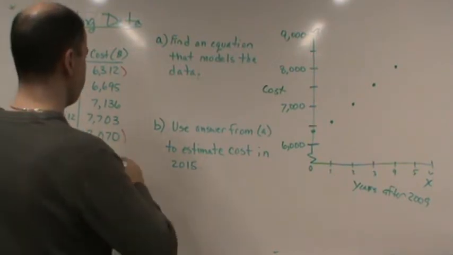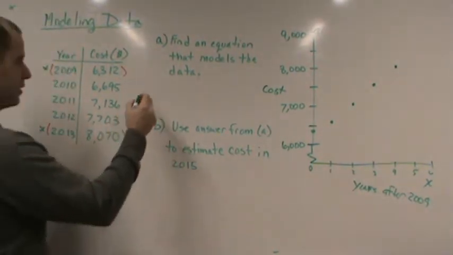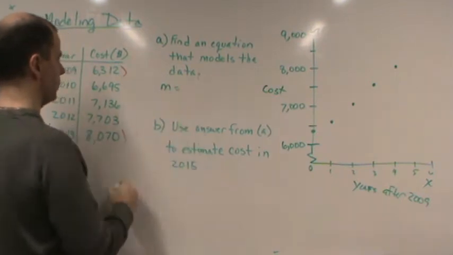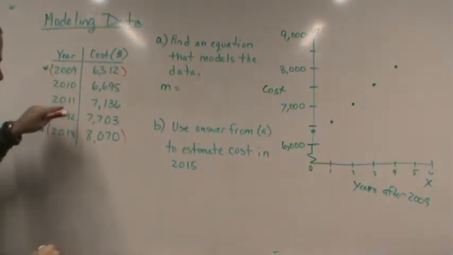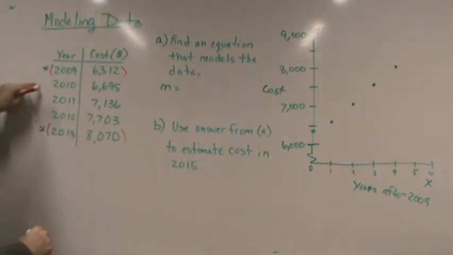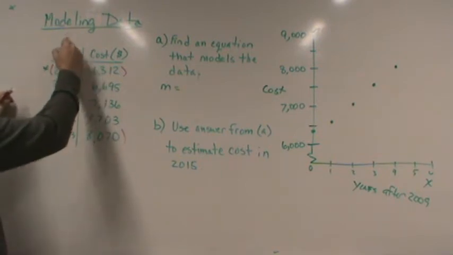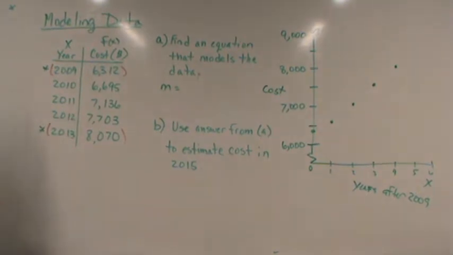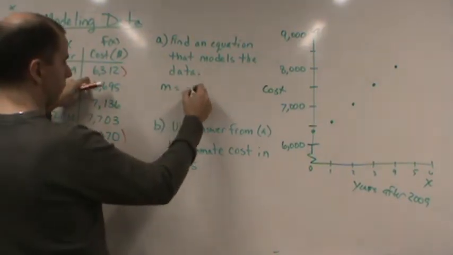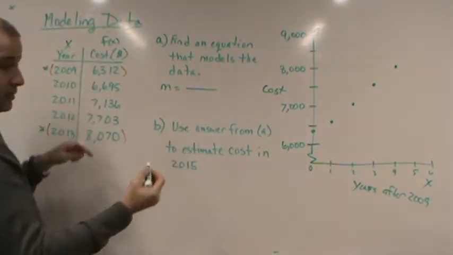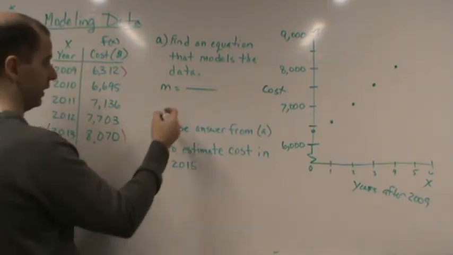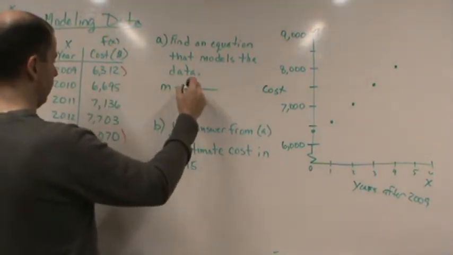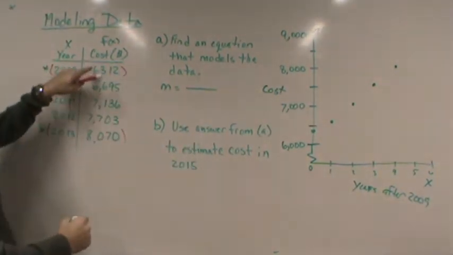So let's start. We're going to get the slope using the slope formula. We take our x values and our f of x values, and we do the difference in the y's, the difference in f of x, over the difference in x's. This is the average rate of change, or slope, and it doesn't matter which point we use first.